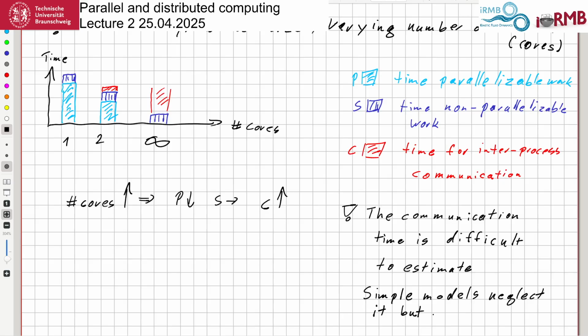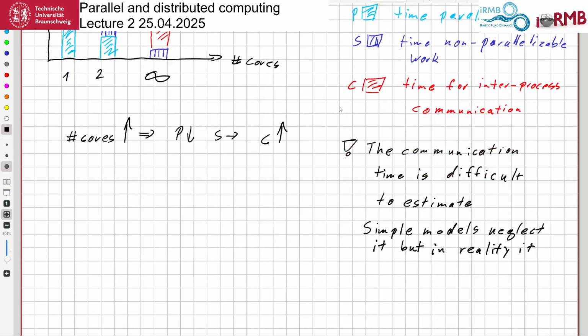But in reality, this can be a big part. I assume that you will see when you write your first parallel program that you potentially make it slower by parallelizing it rather than doing it in serial, due to this communication thing.